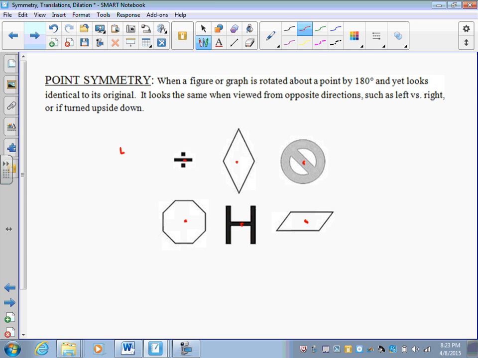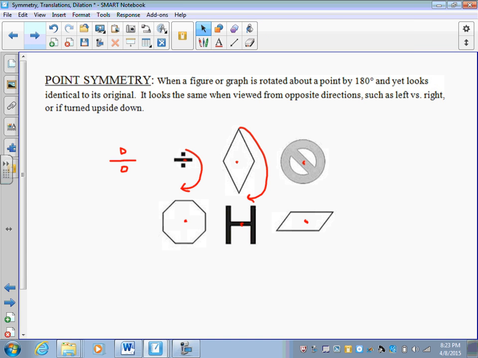So think about this one being rotated 180 degrees. It's still going to give me the same thing. This one, if I rotate it or look at it upside down, is another way to think about it. It's going to give me the same shape, and everything stays the same.